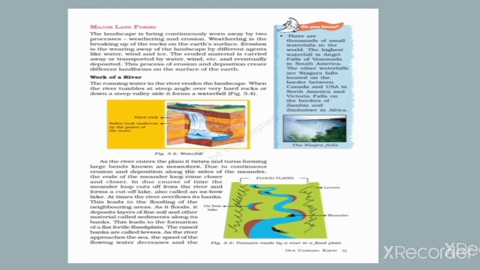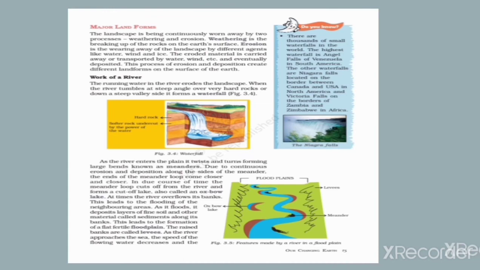Once it starts melting, it turns into water and takes away the entire soil of that place. The eroded material is carried away or transported by water, wind, etc., and eventually deposited. So, now we understand the meaning of erosion and deposition.